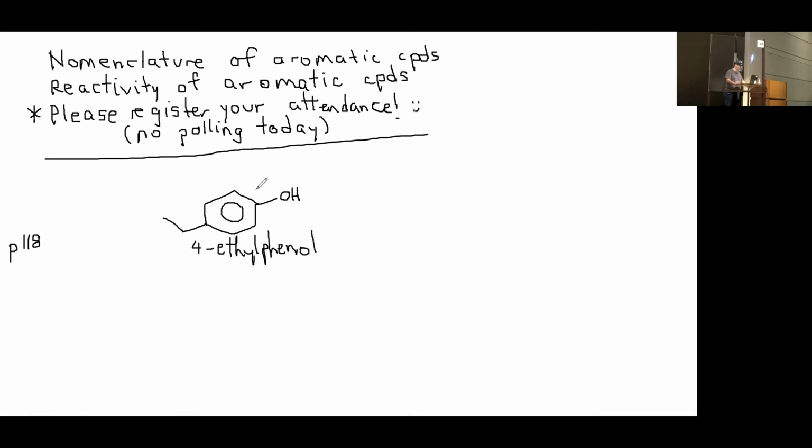And again, you don't need to say 1-phenol, because it's understood that carbon 1 is going to be the one that has the OH group. The name phenol takes care of that for us. Then you can sure call that 4-ethylphenol, or if you'd rather call it para or p-ethylphenol, fine.